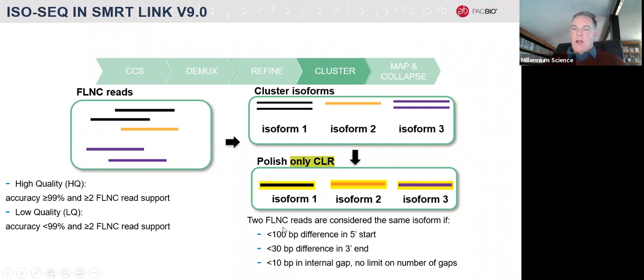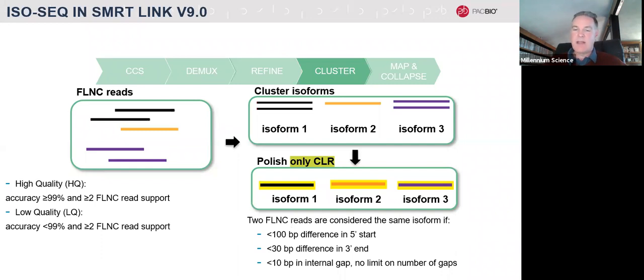But it's important that in order for these isoforms to be considered the same, there's a set of rules effectively that are built into the pipeline. The 5' start needs to be less than 100 base pairs different from one another. If it's under 100 base pairs, it will still put it into the box that they're the same.